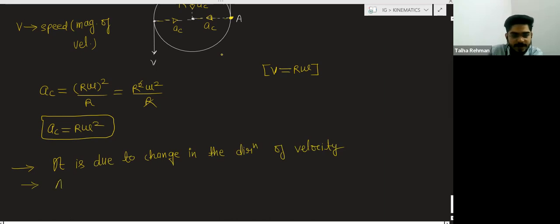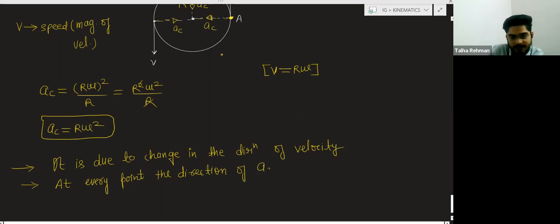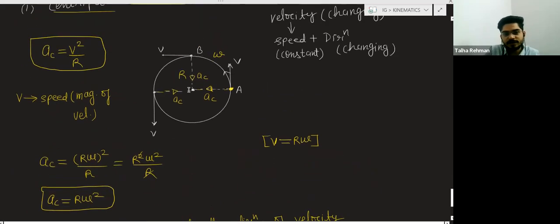At every point, the direction of centripetal acceleration is towards the center.